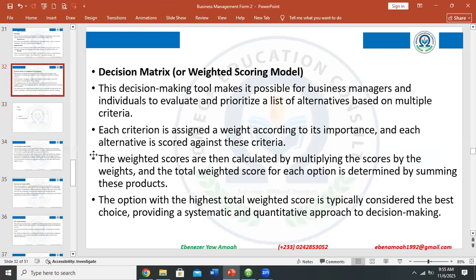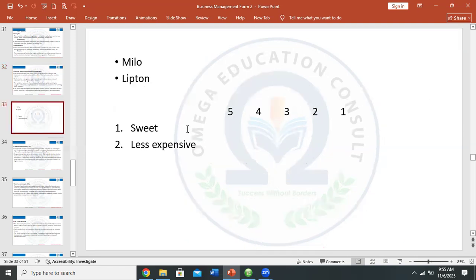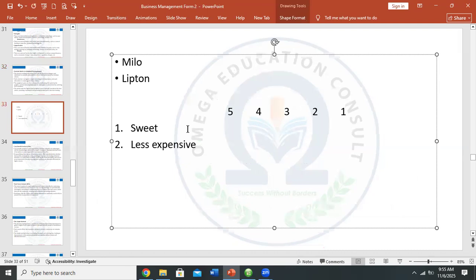It says the scores are multiplied by the weight, and the total weighted score for each option is determined by summing these products. So let's do that multiplication. When we come to Milo, in terms of sweetness, what score would you give to Milo compared to Lipton?